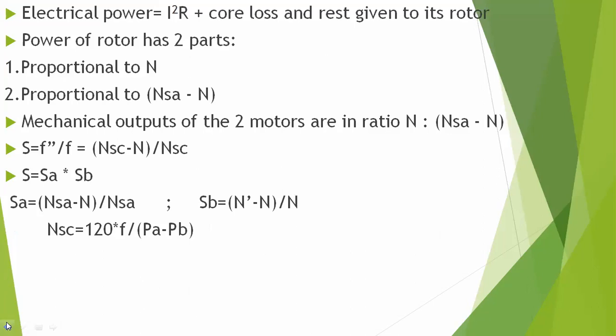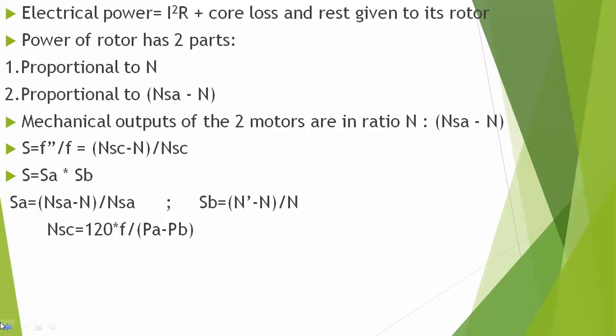We are taking the electrical power from the three-phase supply for motor A. The electrical power taken by stator A from the three-phase supply is partly used for meeting I square R losses and core losses, and the rest is given to the rotor.